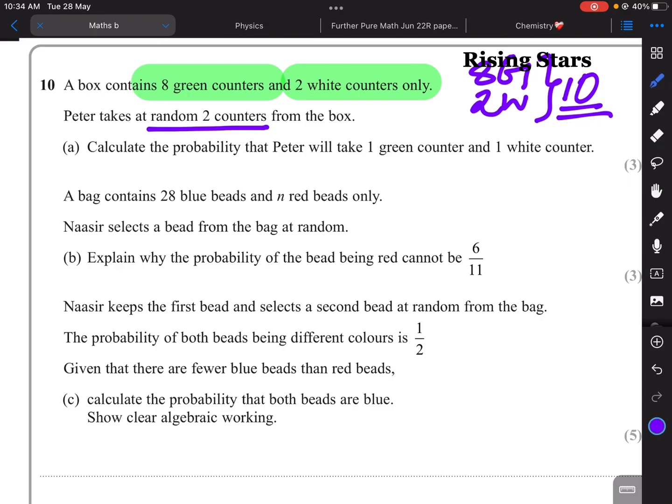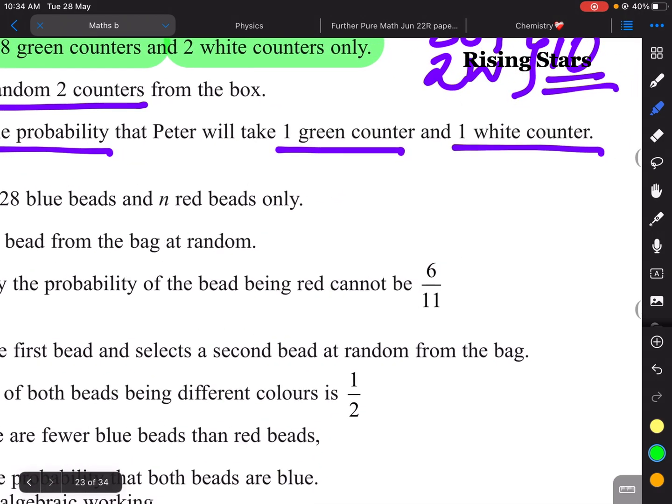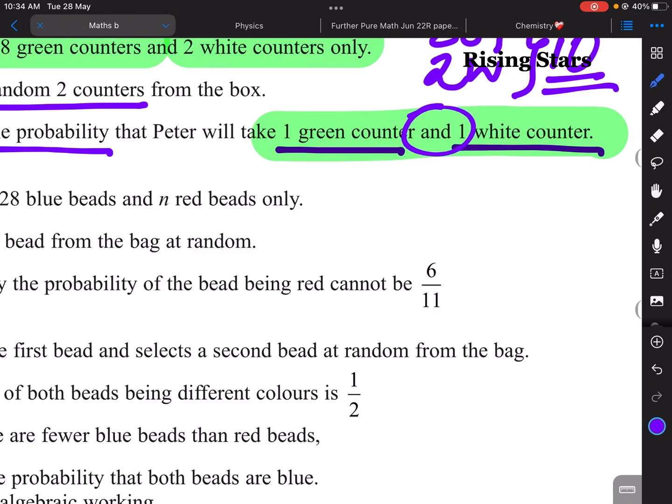Alright, next it says calculate the probability that Peter will take 1 green counter and 1 white counter. So probability আমাদের বের করতে হবে কোন ইভেন্টের জন্য? The event is that Peter will have 1 green counter and 1 white counter. So একটা green and একটা white counter Peter এর থাকতে হবে. So does the order really matter here?